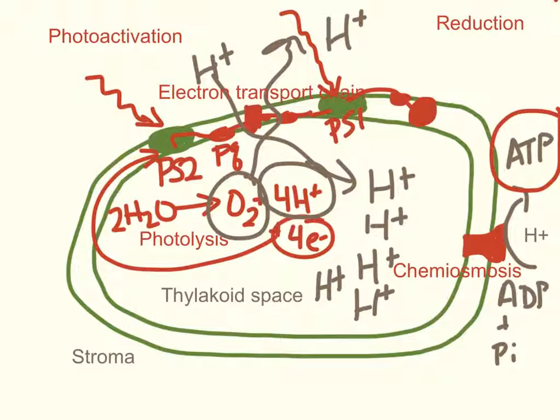And what that is going to do is form reduced NADP. And this is an electron carrier molecule just like the NAD from cell respiration. And this reduced NADP is going to be utilized in the second part of the photosynthetic pathway.